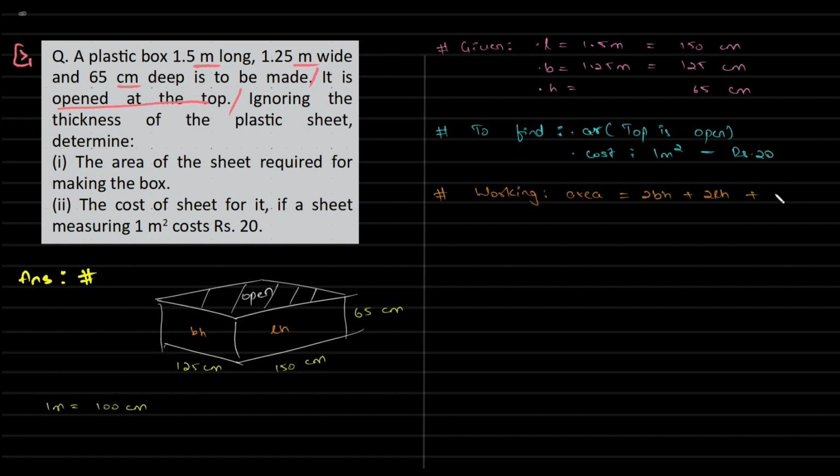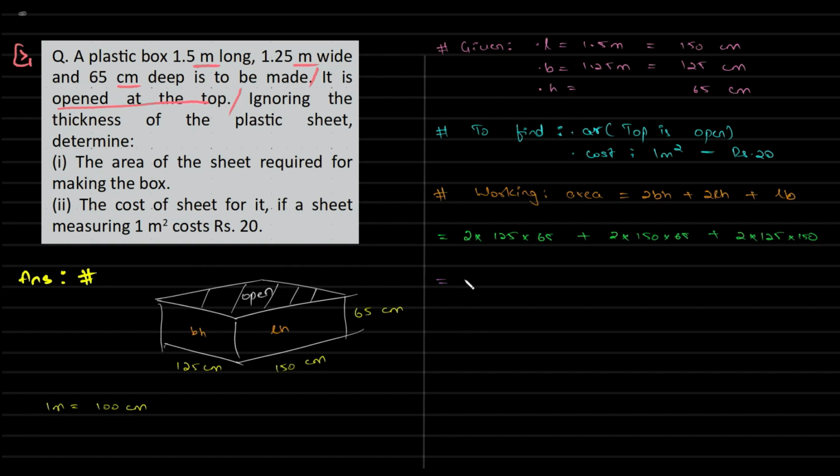All that is okay, but the bottom is there, but not the top. This is 1LB. So don't learn all the formulas by heart. Understand it, because depending on scenarios, you need to change it. So we have 2 times of B is 125, H is 65, plus 2 times of 150 into 65, plus 2 times of 125 into 150.